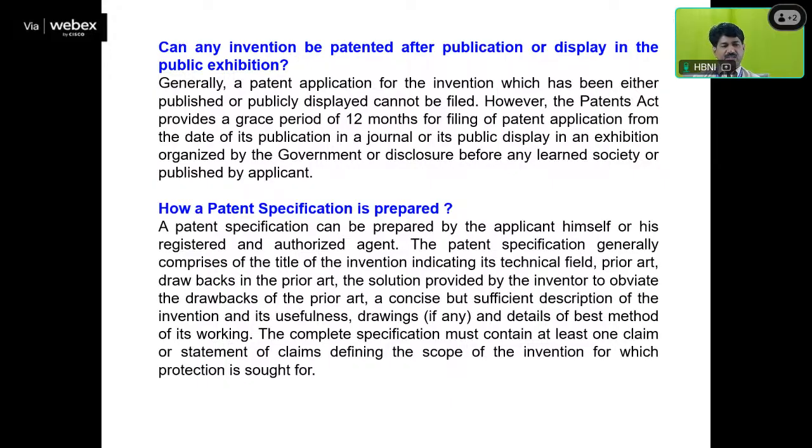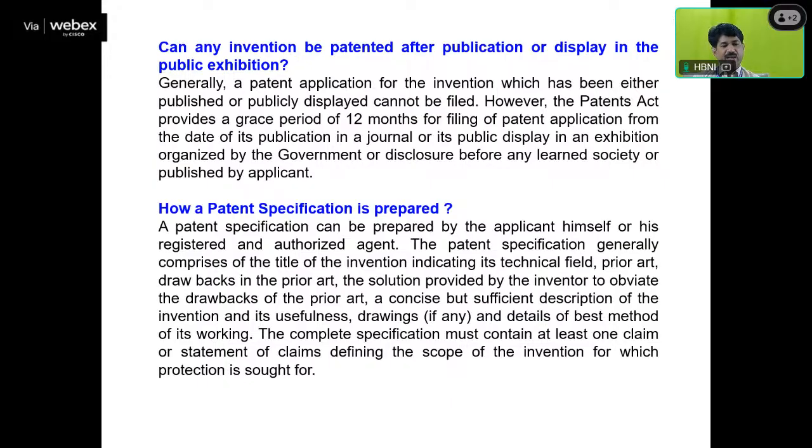The patent specification generally comprises the title of the invention, indicating its technical field. Whatever we are applying for a patent, the title should convey the meaning properly. The specification should also include prior art. Prior art means what has already been carried out in that particular field, which we have to mention in the specification.